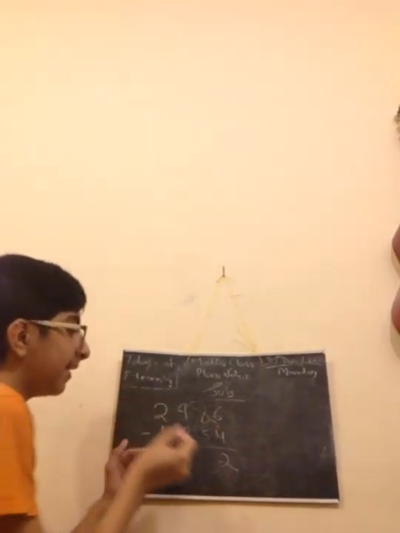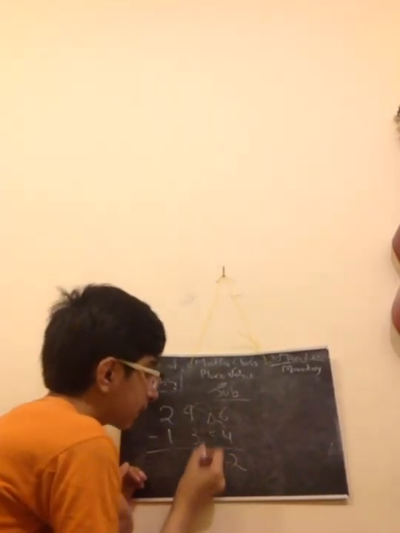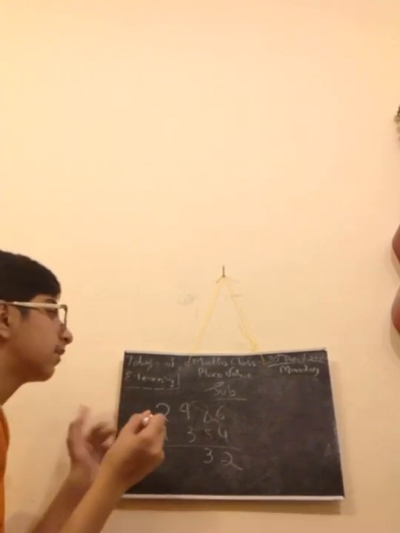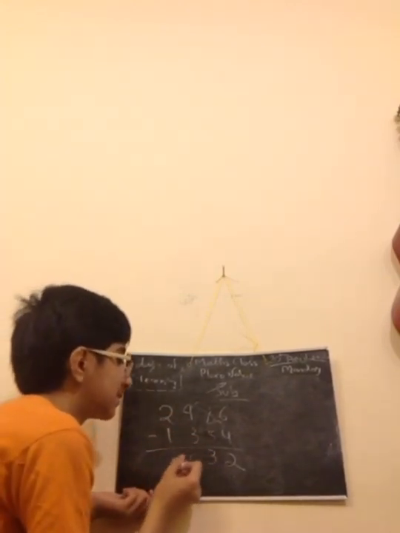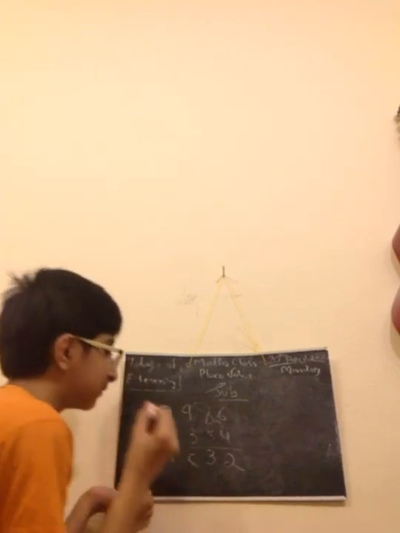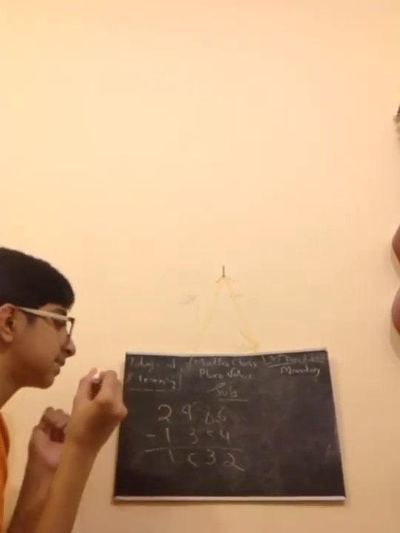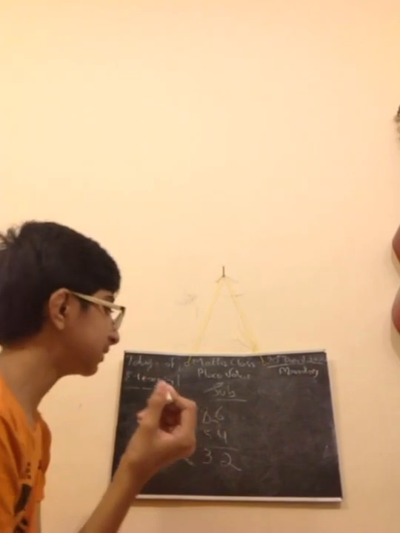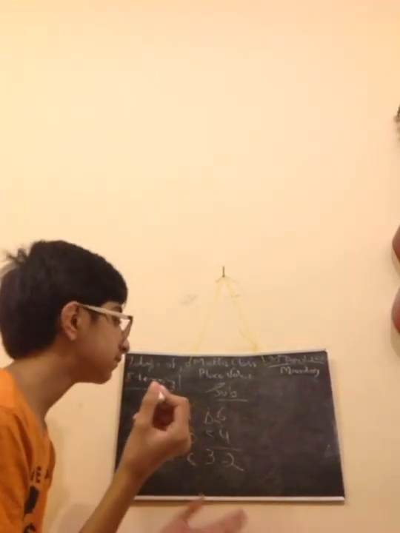And then 8 minus 5 is 3. 9 minus 3 is 6. And then 2 minus 1 is 1. So this equals to 1632.